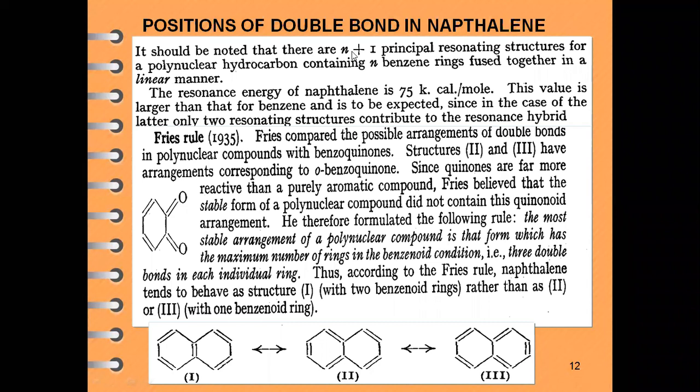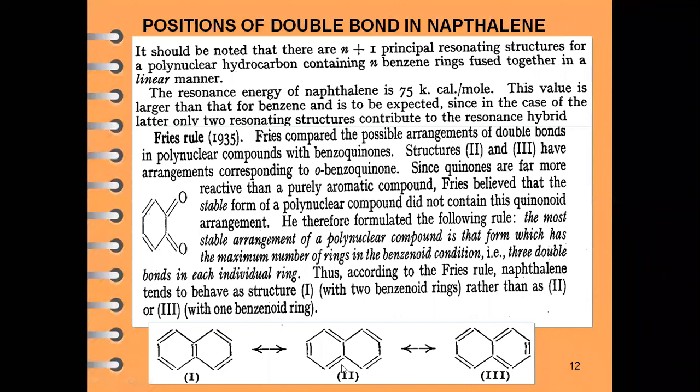Now we know our given structure, that is naphthalene, has 2 benzene rings. So how many resonating structures is naphthalene going to possess? N plus 1, that means 2 plus 1 is equal to 3. That means naphthalene is going to give us 3 contributing resonating structures.